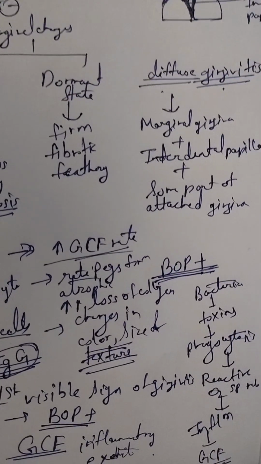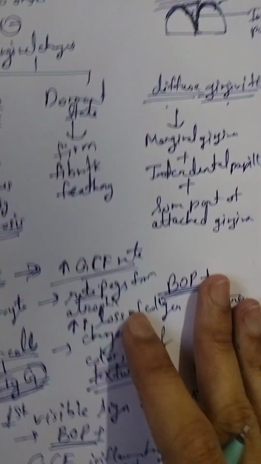In the pathogenesis of this, some stages are given. There is a leakage of inflammatory transudate when the blood vessels break, known as GCF.